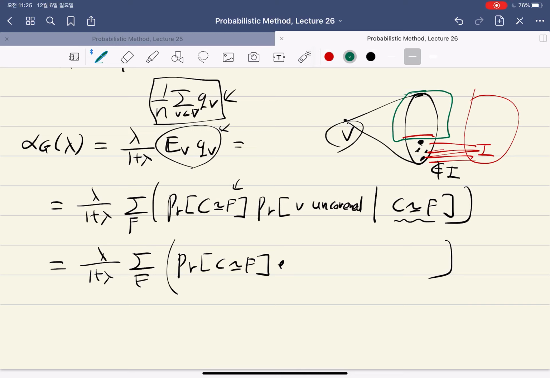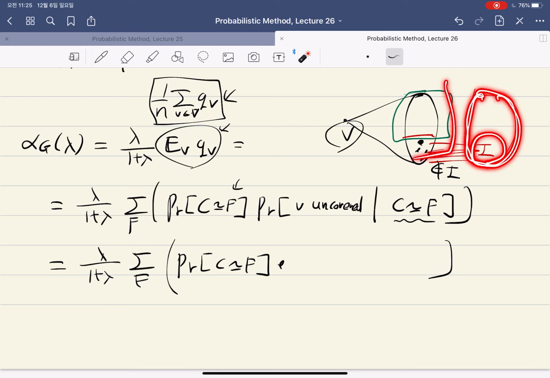But what happens here? In here, these are free vertices. So I is a random variable, and assume that the I here are all revealed, and here I are not revealed yet. So we fix the event that the I here are already determined, but this part is not determined yet.